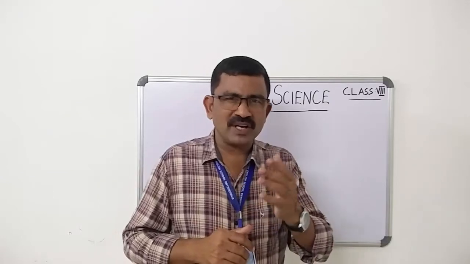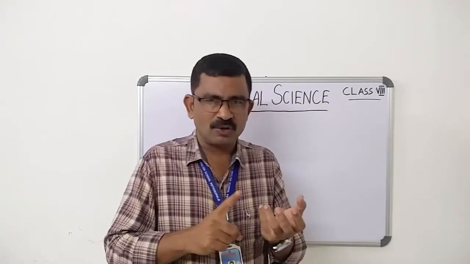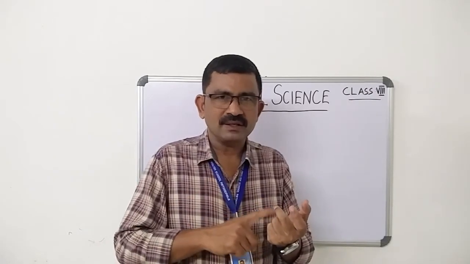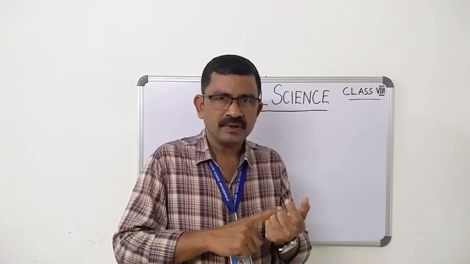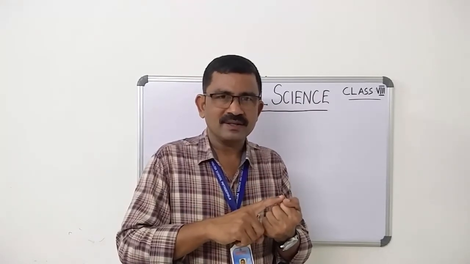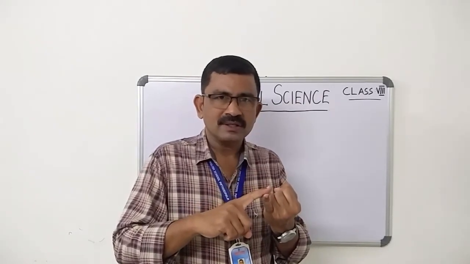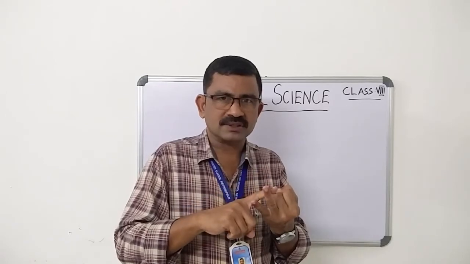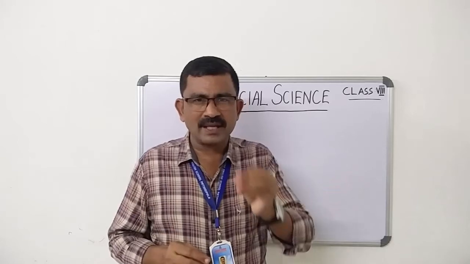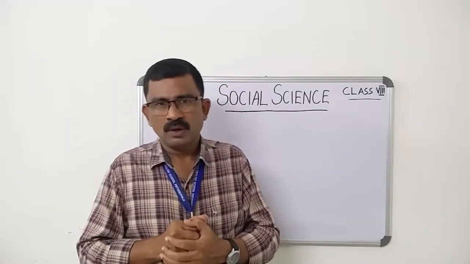Children, what we learned today: Union Council of Ministers, functions of Prime Minister, State Executive, Judiciary, Supreme Court, then High Court, Subordinate Courts. Hope you all have understood the topics and the chapter well.